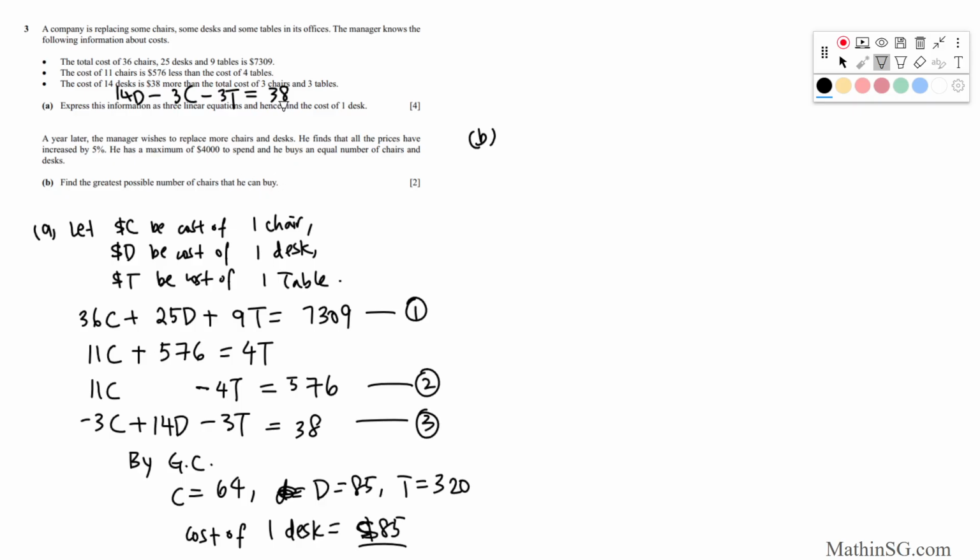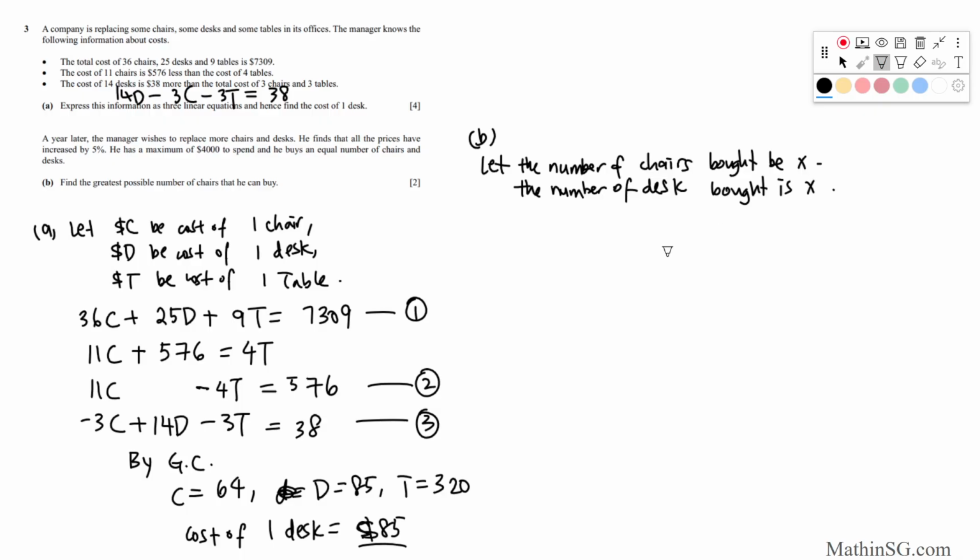So what can I do? I know that he wants to buy more chairs and desks. Let the number of chairs bought be X. Because he bought an equal number of chairs and desks, the number of desks bought is X as well.